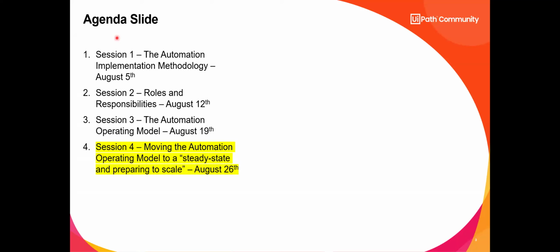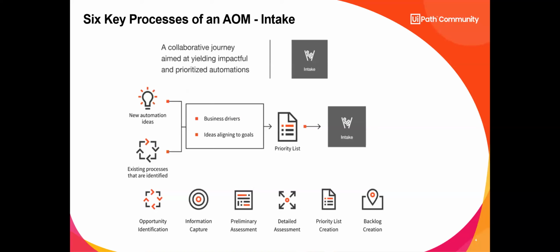Tonight, we're going to talk about moving the automation operating model to a steady state so that we can scale. And then we're going to talk about some things that can prevent you from actually scaling. This is the last session, and it is the 26th.